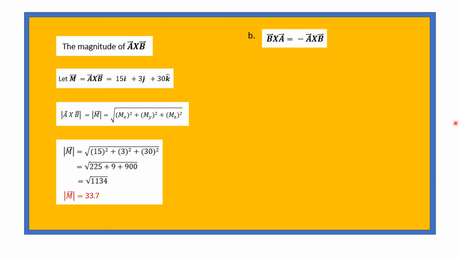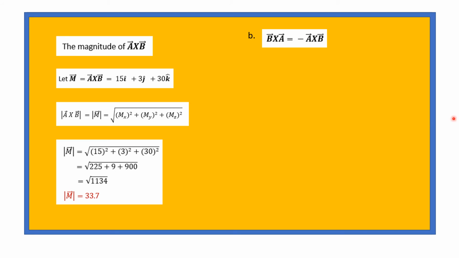How about the magnitude of B cross A? If we know A cross B, we can easily calculate B cross A, because B cross A is simply equal to the negative of A cross B, or A cross B equals the negative of B cross A. This means these two vectors have the same magnitude and are opposite in direction because of the negative sign.